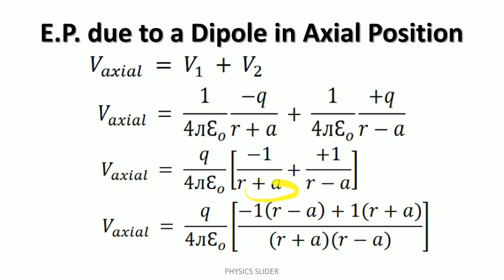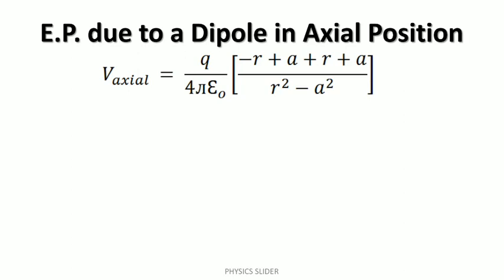This r plus a and r minus a multiply together, this r minus a multiplies with minus 1, and this r plus a multiplies with plus 1. Now further we will enter this minus 1 into the bracket, so this becomes minus r plus a plus r plus a, and in the denominator this becomes r square minus a square.